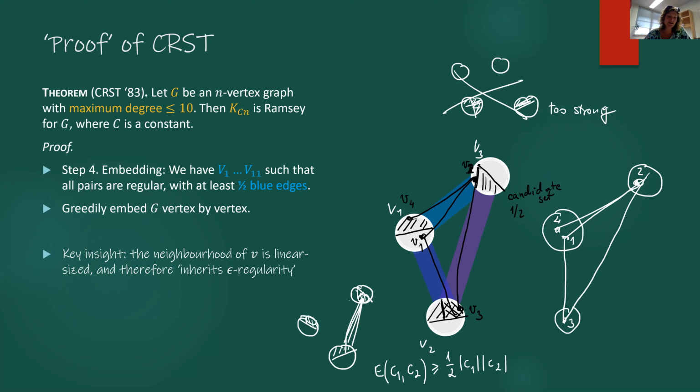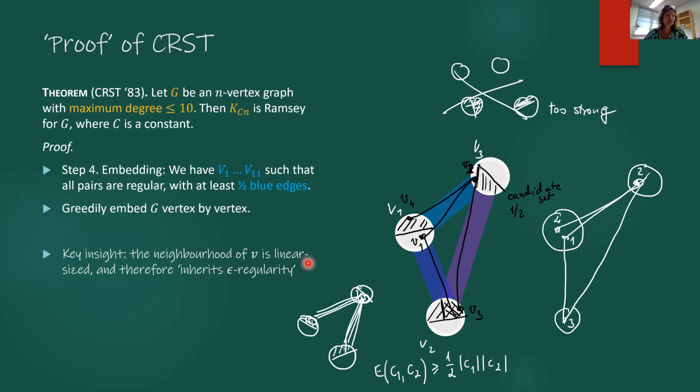You need to say at least a positive proportion of those vertices are still okay for this set. So really, each time you embed a new vertex in regularity, you're losing a factor of a half in various places. Okay. So again, the main point is really just that regularity helps you to embed.